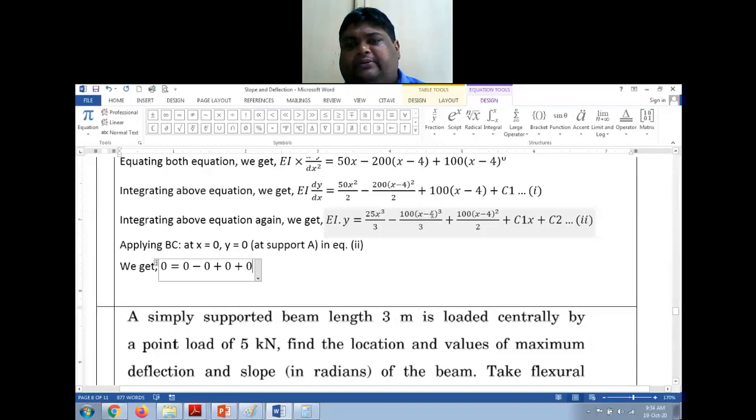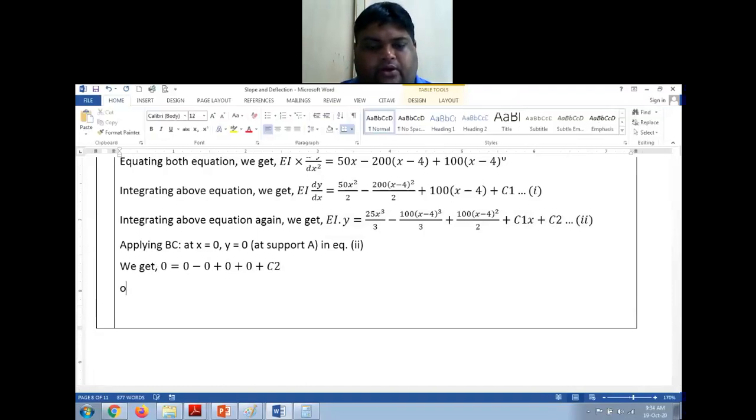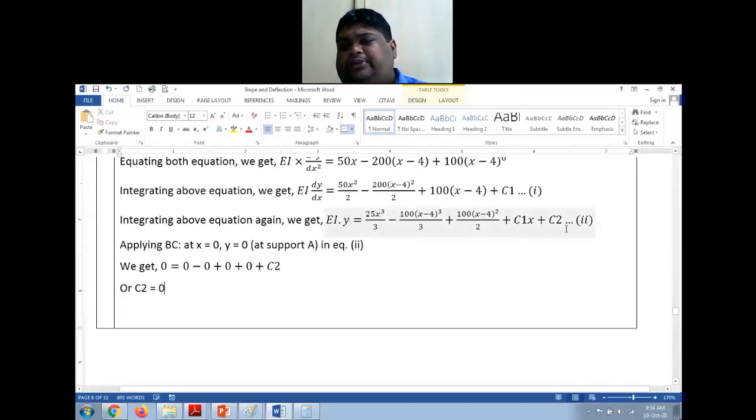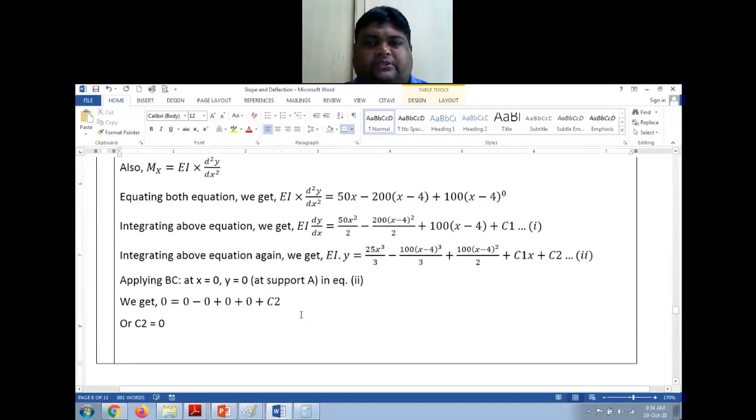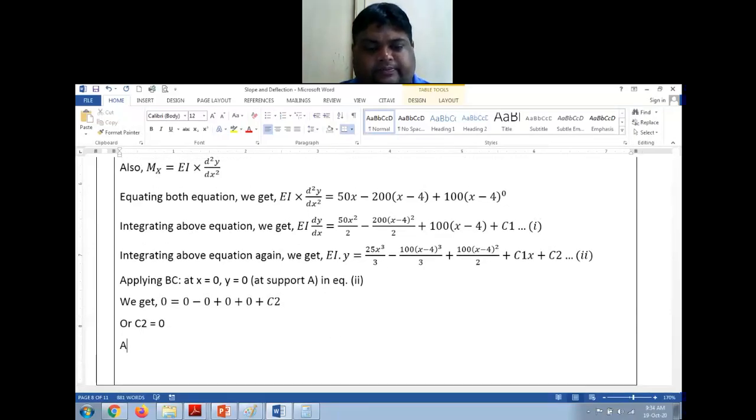So whenever the term inside the bracket is becoming negative, we will just put it as 0 or we will drop those terms. And we will have the constant plus C2 or C2 is equal to 0. In most of the cases for simply supported beam, you will get C2 0 only. Very rarely you will get the value for C2. Now we'll apply another boundary condition.